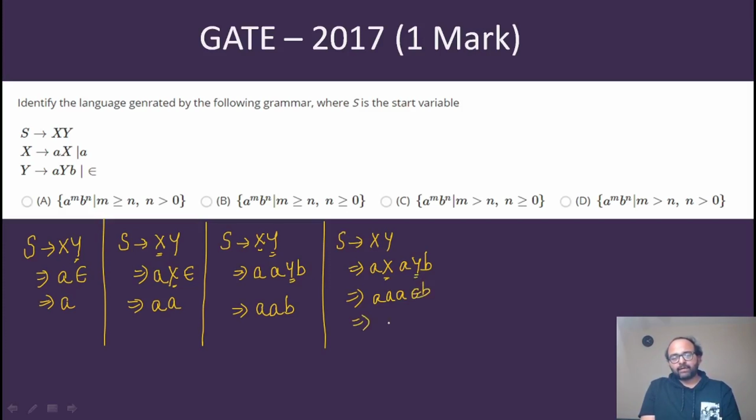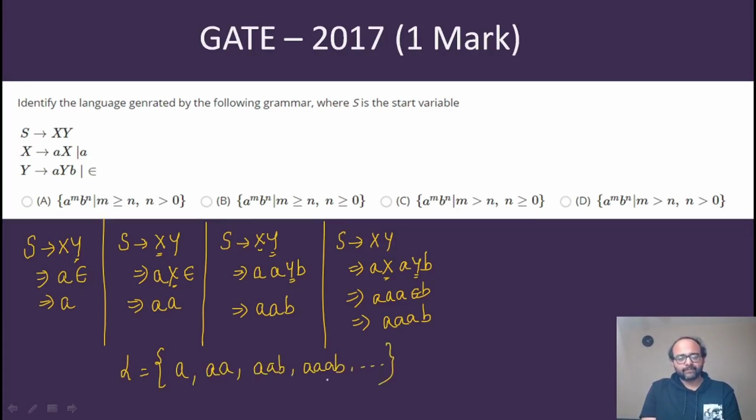You will get aaa and then b. So like this, you can generate strings like a, aa, aab, aaab, and so on.